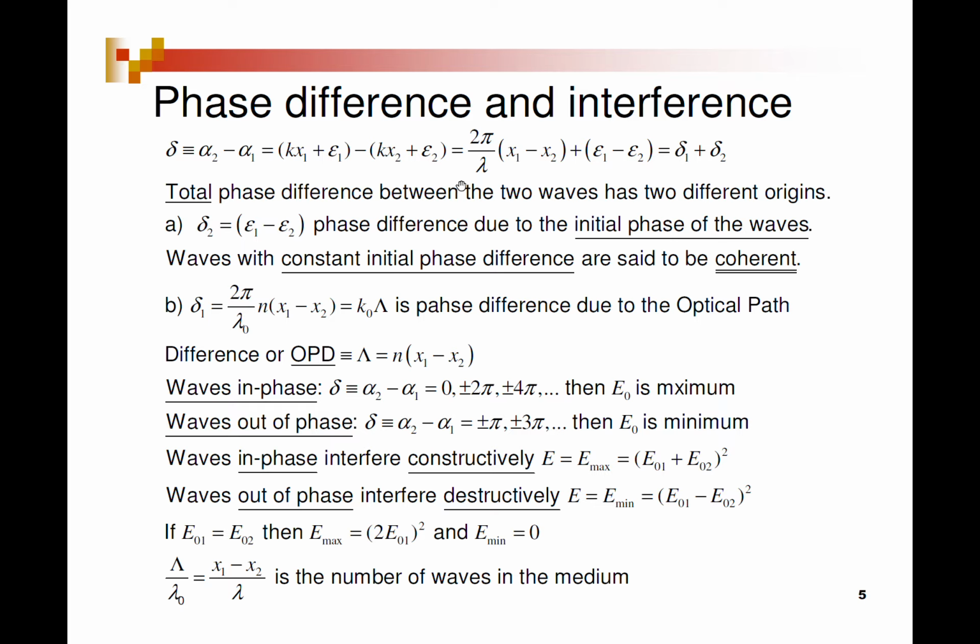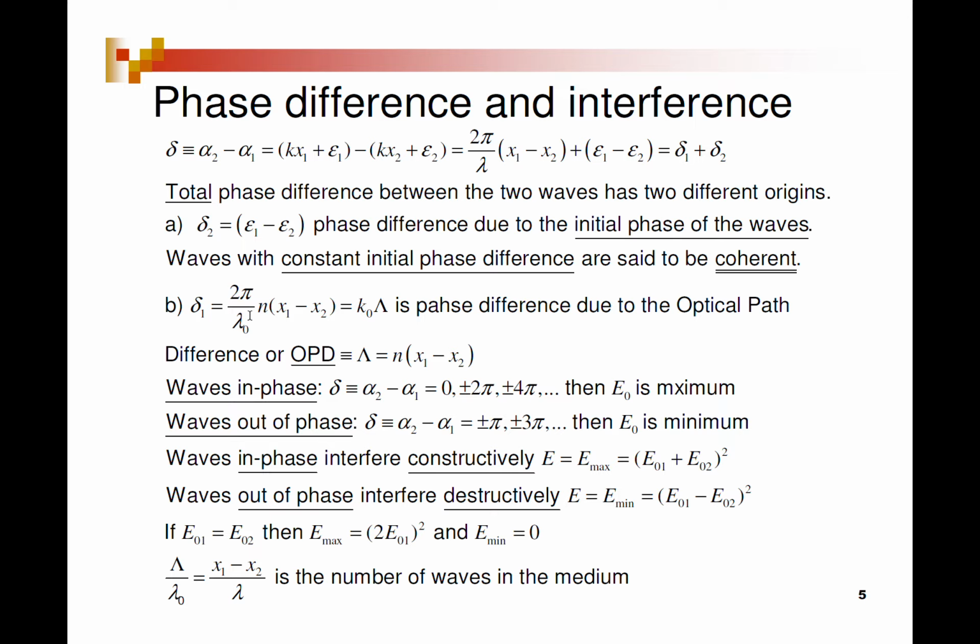The phase difference here, alpha 2 minus alpha 1, has two terms. One is the initial phase difference, and the other one is the so-called optical path difference, OPD.